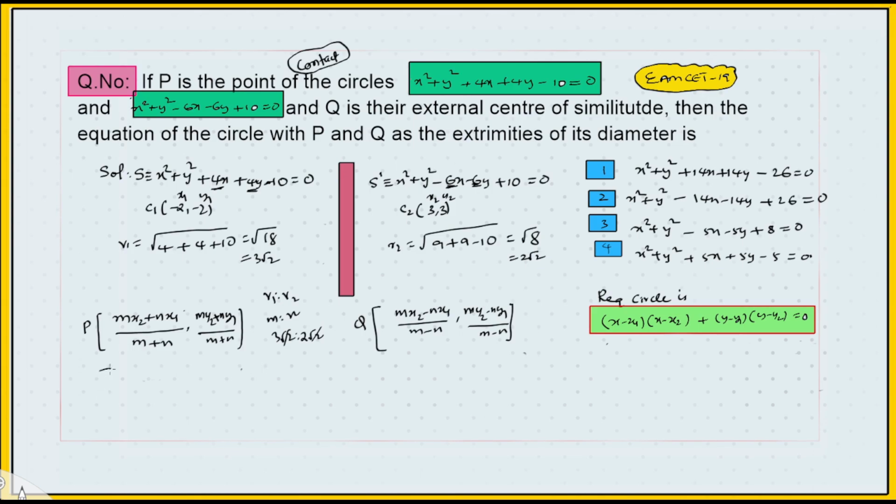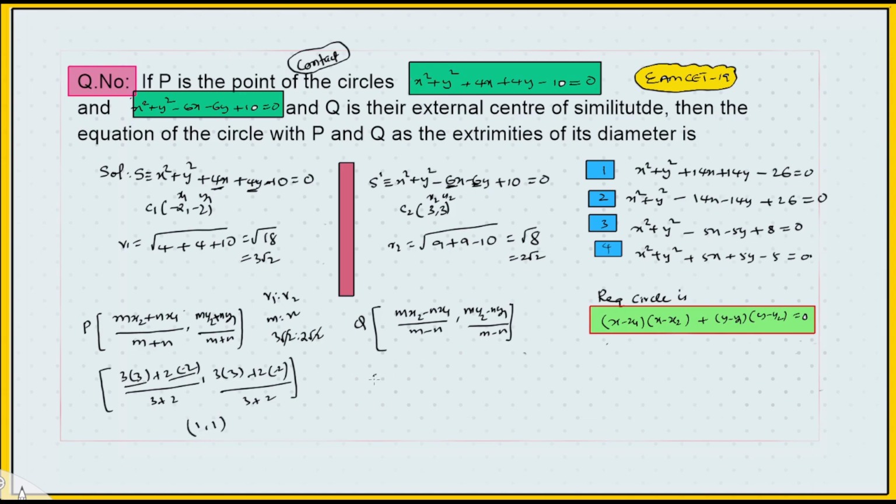If you substitute in P and Q, m is 3 and n is 2: (3 times x2 plus 2 times x1) divided by 3 plus 2, comma (3 times y2 plus 2 times y1) divided by 3 plus 2. So x2 is 3, x1 is minus 2: 3 3s are 9, plus 2 into minus 2, minus 4, 9 minus 4 is 5, 5 by 5 is 1, and here also 1.